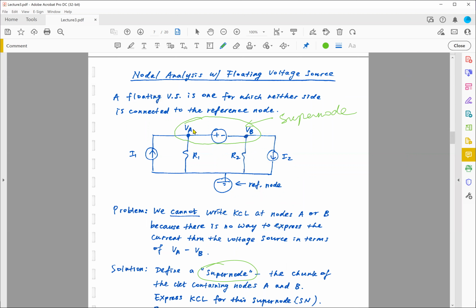The chunk of the circuit that contains both nodes VA and VB. It consists of two nodes, not just one. Not just VA or VB. It's both VA and VB.